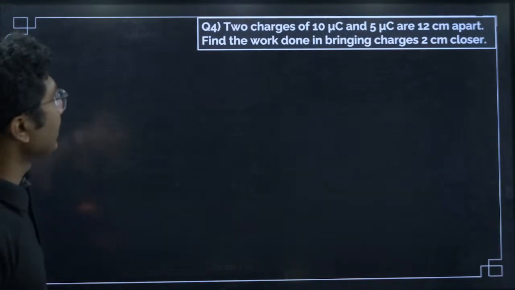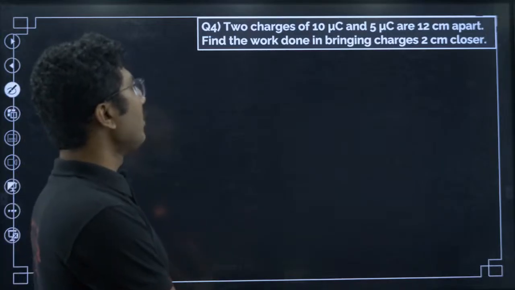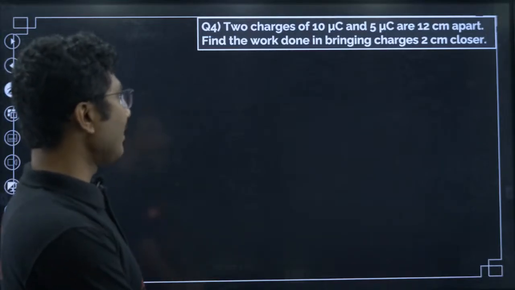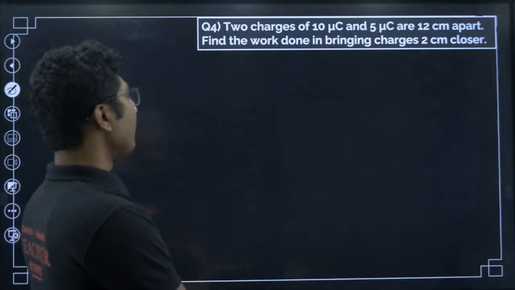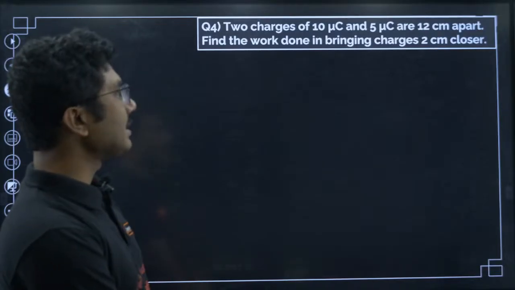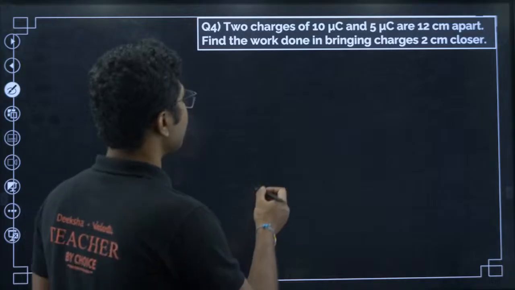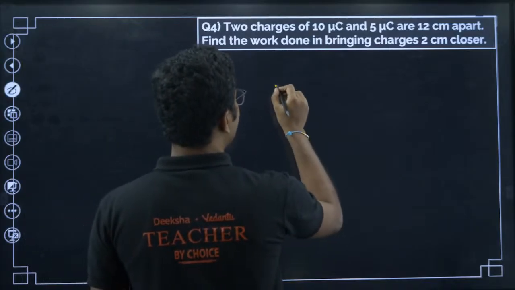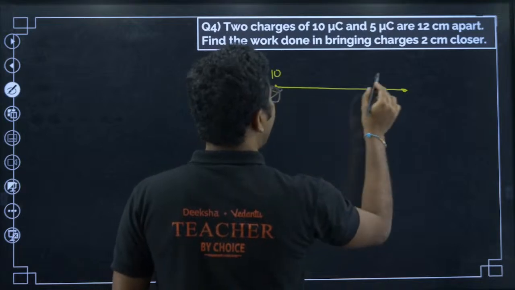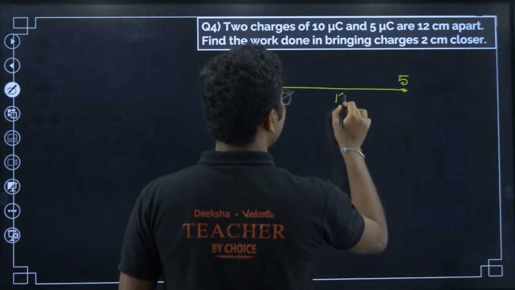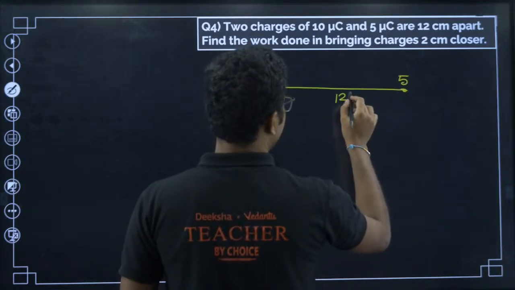Now, next question. Two charges of 10 microcoulomb and 5 microcoulomb are 12 centimeter apart. Find the work done in bringing the charges 2 centimeter closer. So we have charges 10 and 5 separated by a distance of 12 centimeter.